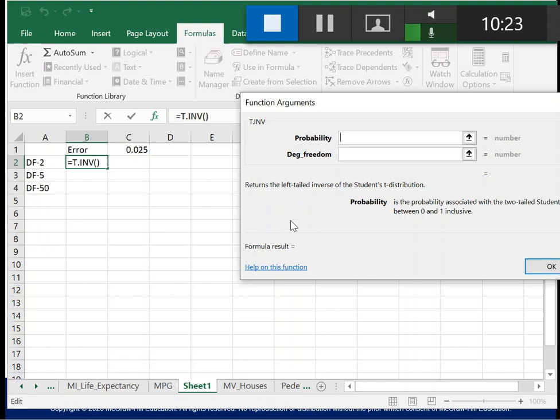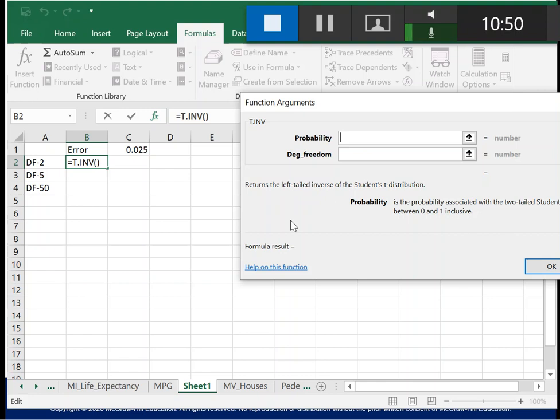So my probability, remember, is going to be, if I have a 95% confidence, then that means I have 2.5% confidence in each tail. And since the table values, I'm basically showing you how to get the table values, is calculating the right tail only, that means I have to say 1 minus that.